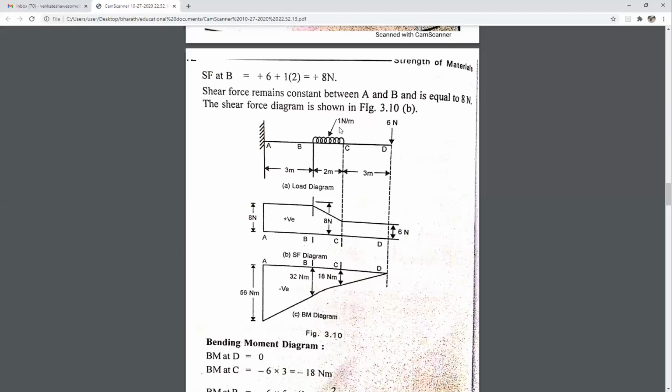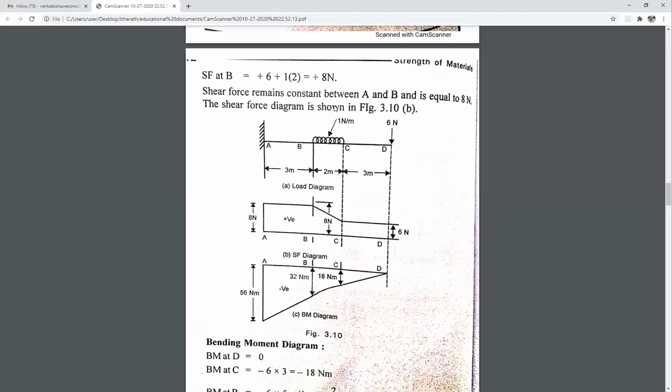The load is 1 N per meter, acting over the 2 meter span of the beam. So the total load is 1 N multiplied with the distance of 2 meters, which is 2 N.